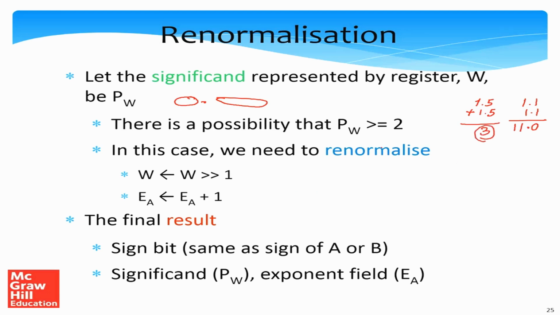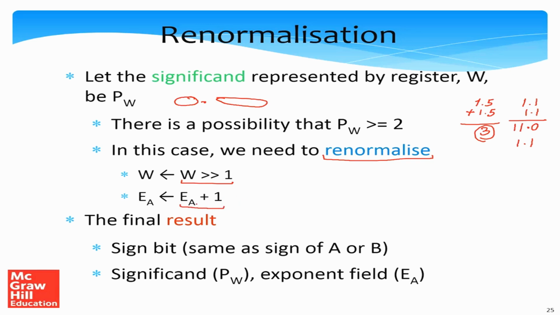So this is not a valid significand for us. In this case, we need to do something called renormalization, where we right shift: 11.0 becomes 1.1. This is done by right shifting w by one position, and we increment the exponent ea, because ea is now the exponent of both.